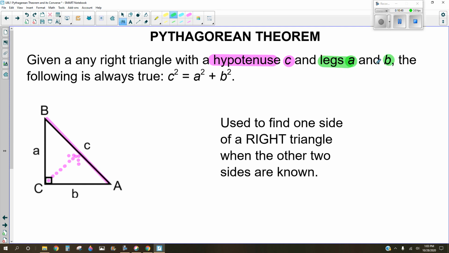Leg A and leg B. It doesn't really matter what combination you use because they're just going to get put into the formula. Okay? So it's super important you find C first. Then go find your A and B. Okay? And it's always the one that's away from the 90. See how A and B touch 90? So those can never be C because they touch the 90. Okay?